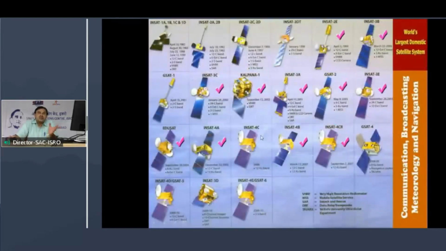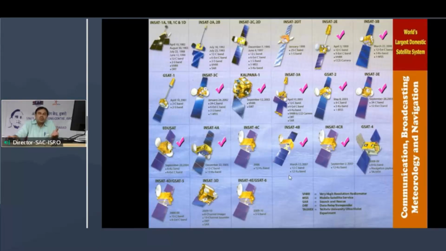So these are the different satellites which ISRO has launched all these years. I'm not going into the detail. All of you would have heard these terms every time: INSAT 1, INSAT 2 series, INSAT 3 series, INSAT 4 series. And nowadays we are developing our own GSAT series, because we are launching it through our own launch vehicles, GSLV and PSLV. That's why they are called now GSAT series.